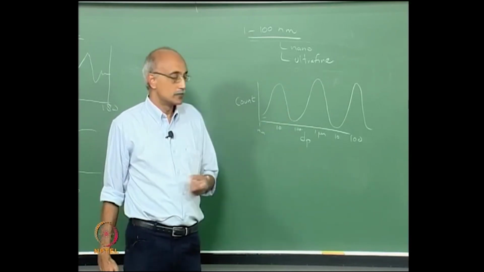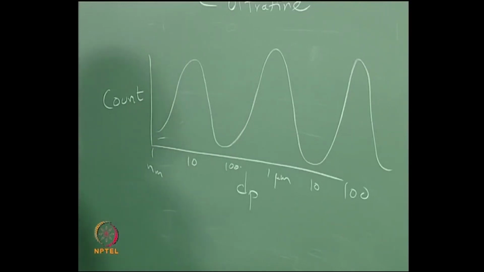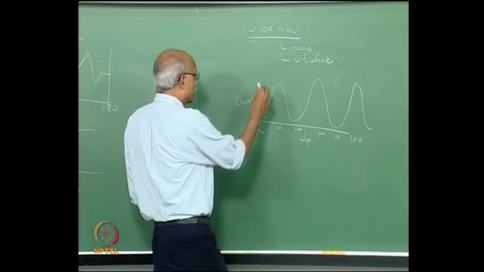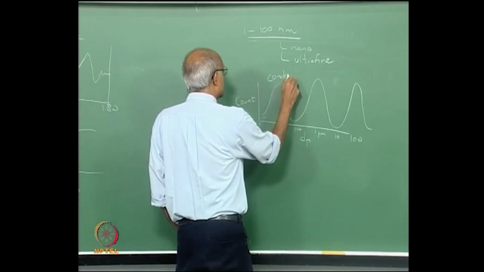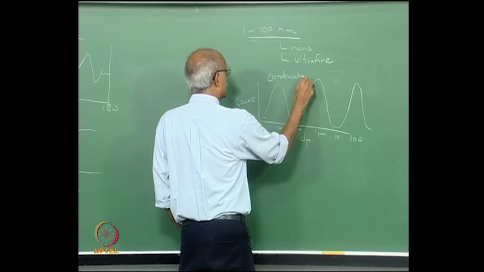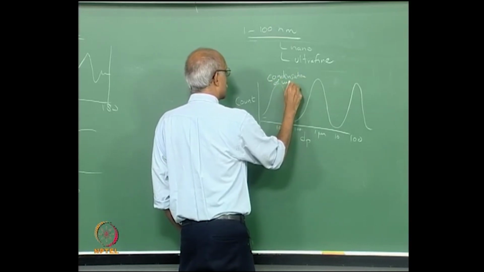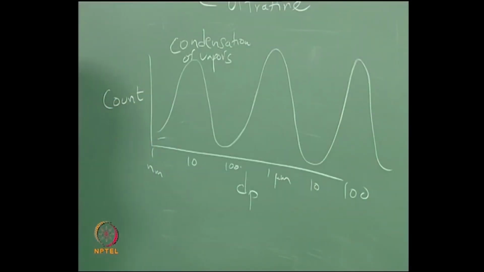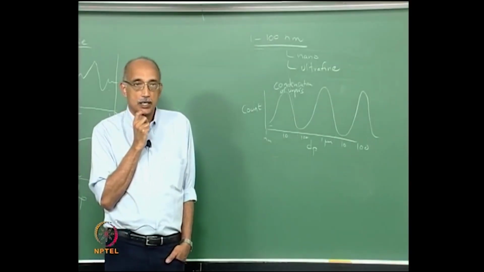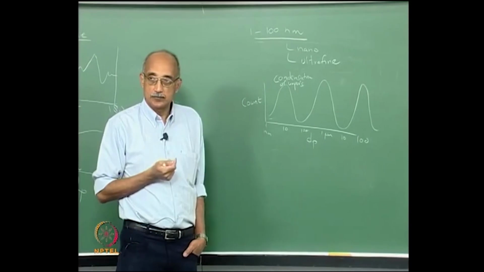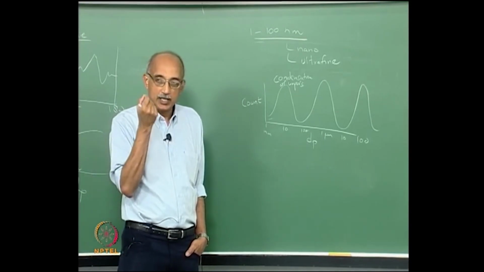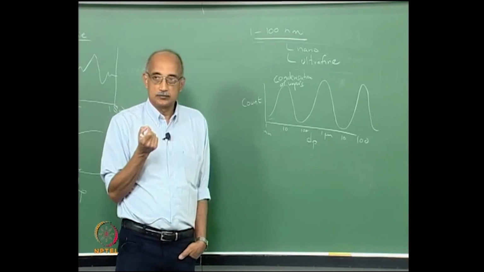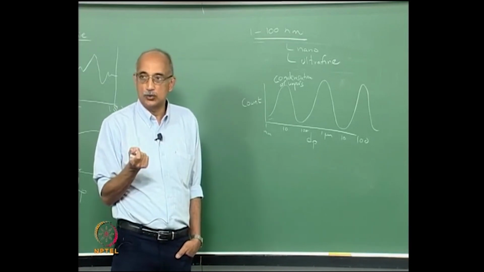And what is the reason for that? The very fine particles in this distribution are essentially caused by condensation of vapors. So for example, in the atmosphere you have all these chemical vapors that are being emitted into the environment, which will condense, and when they condense they will form what are known as nuclei or nucleates, right.